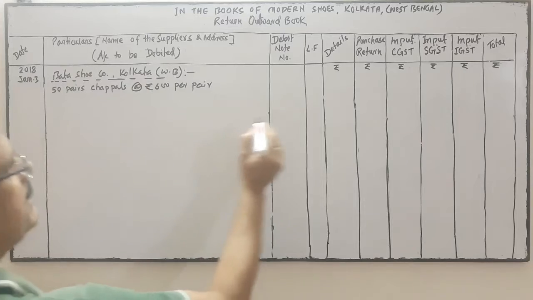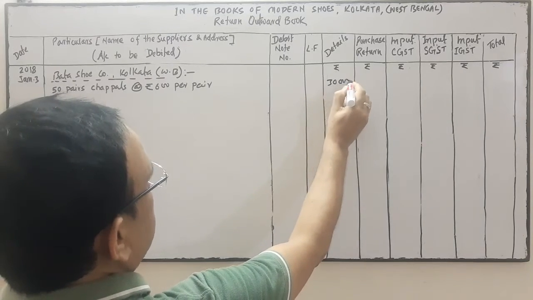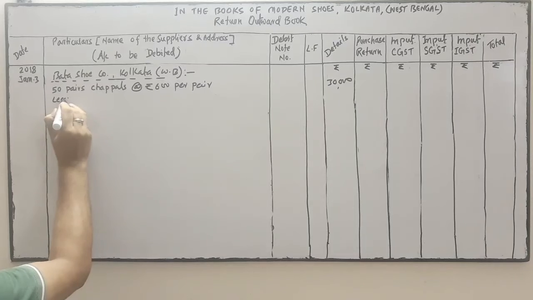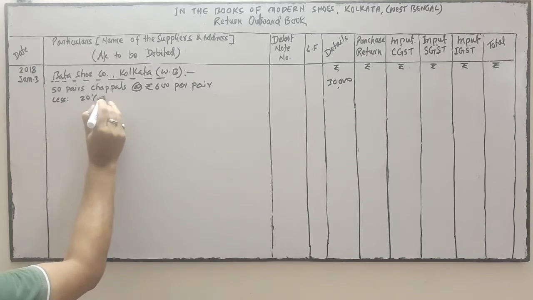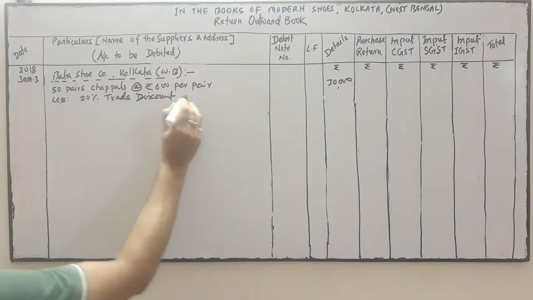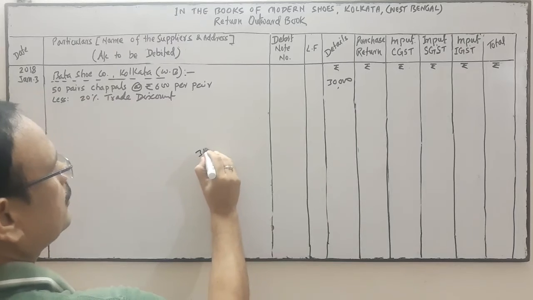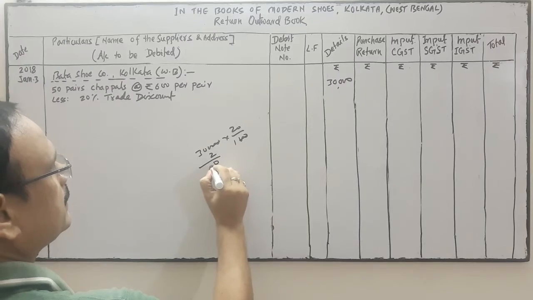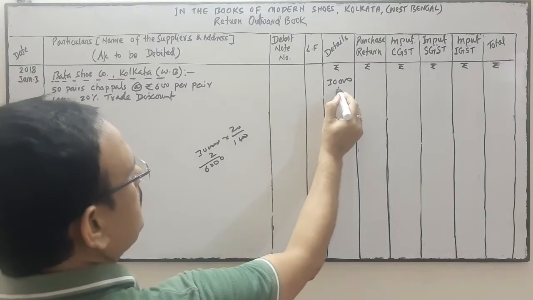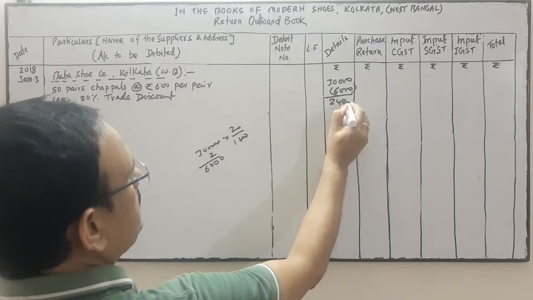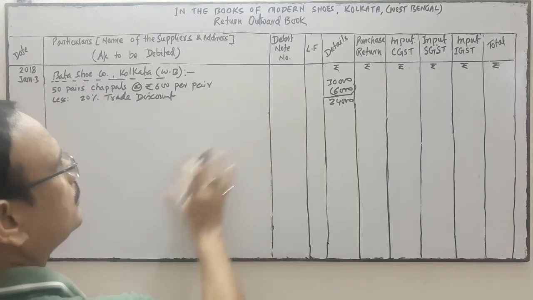So 50 into 600 is 30,000. Less 20% trade discount. 20% of 30,000 is 6,000. After deduction, it is 24,000.